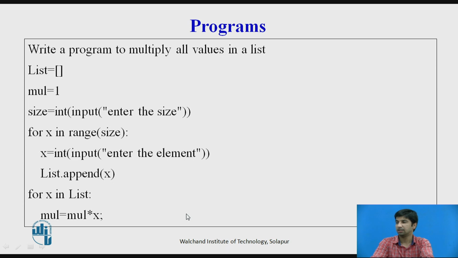Now let us check one more program. Write a program to multiply all values in a list. Here the size of the input list is taken from the user, and also the list values, the element values. It's taken from the user and afterwards the multiplication is printed.